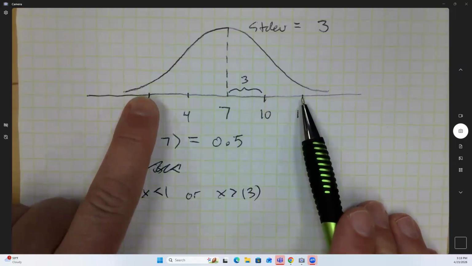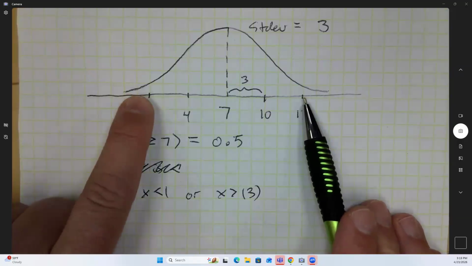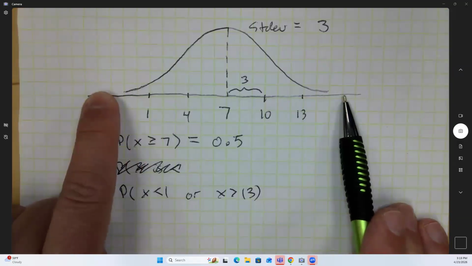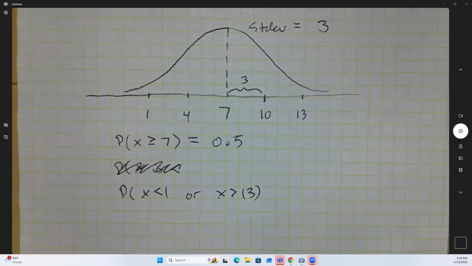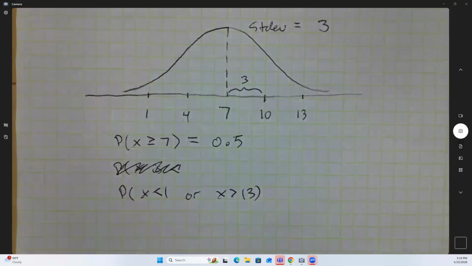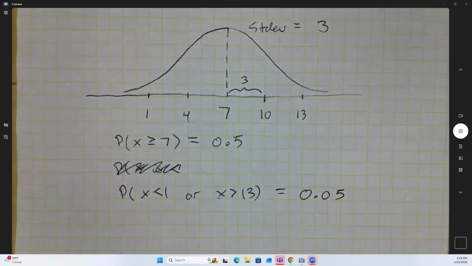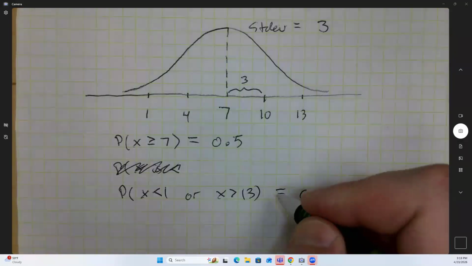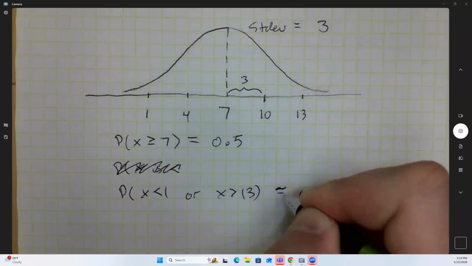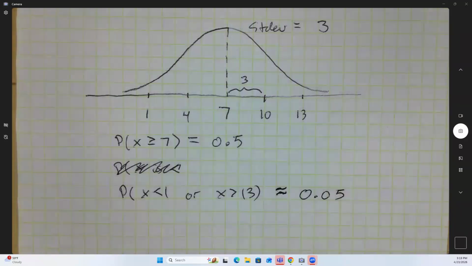What's the probability that x is in these tails that's more than 2 standard deviations away from the mean? Less than 5. Yep. 0.05. 5% or 0.05. It's actually not exactly that, but it's so close that we're good with it.